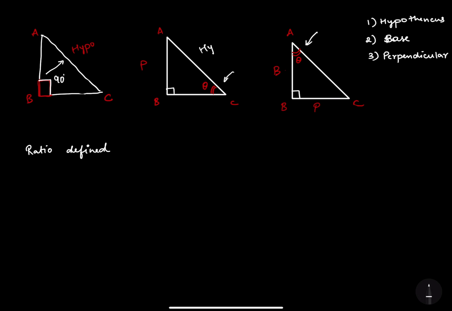That means BC is named as base. We are remaining with perpendicular and we have only AB remaining. That means AB is perpendicular. Similarly, in the third diagram, your reference angle is at A, which means the side adjacent to angle A is AB. That means this is base, and the other side is perpendicular.